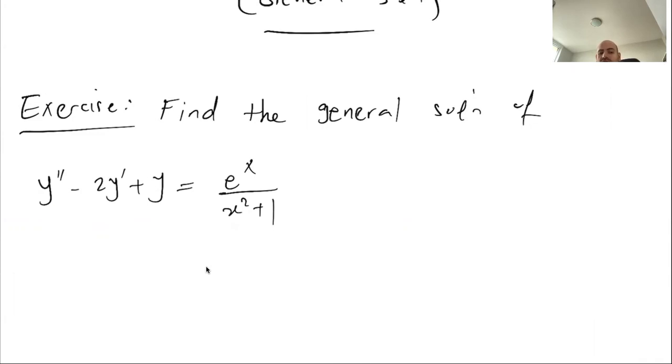So that means y1 and y2 will be also different. Previously, we had two complex roots, but here, if you write the characteristic equation, you will see that the characteristic equation has one repeated real root, which is r1 equals r2 equals 1. And therefore, the linearly independent solutions would be e to power x and x e to power x.